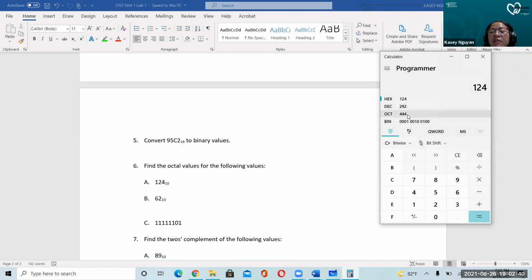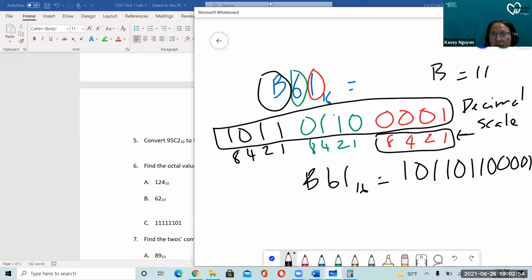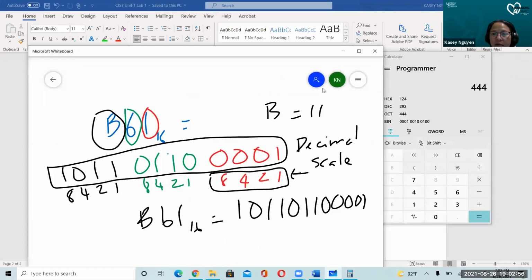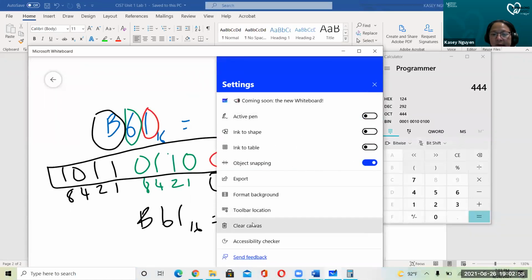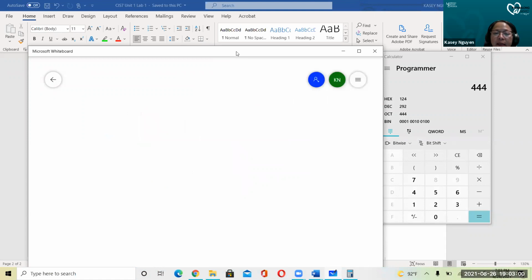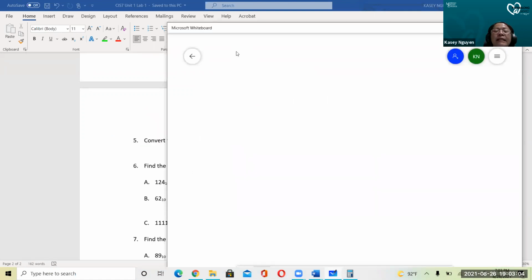Okay, so if you want to check, the octal tells you it's 4 4 4. So what I can do is I can illustrate both if you like, or we can go with one method. So I'll start with making 124 into binary.